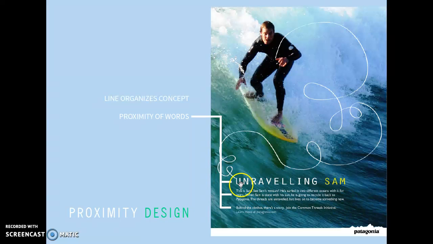So you can see you have the title, the story, and then where you can get more of this story. And then also this line organizes the concept and brings it all together. So that way you know it's unified.